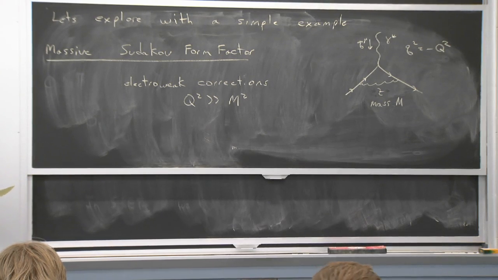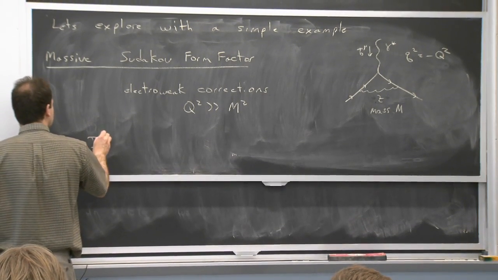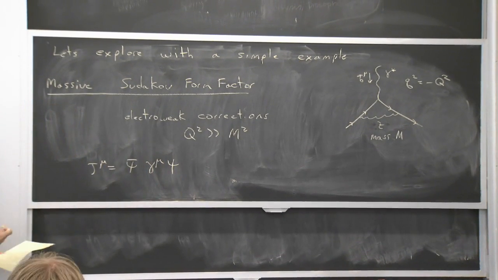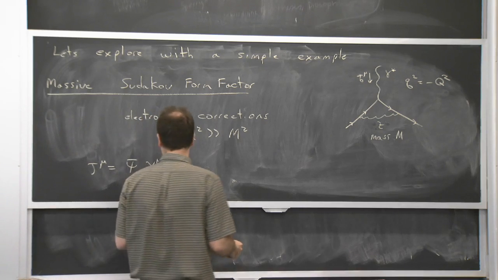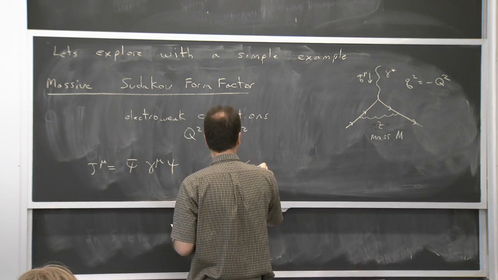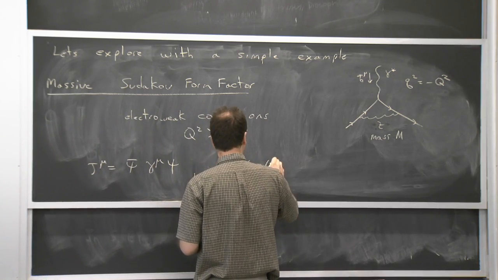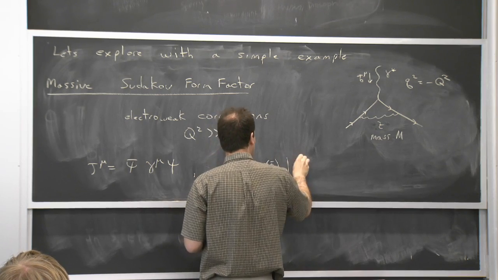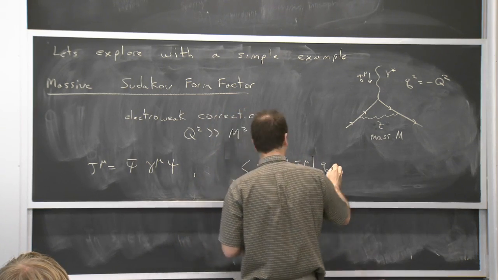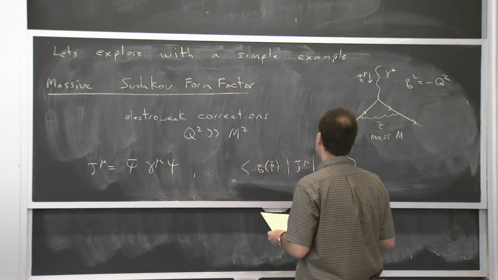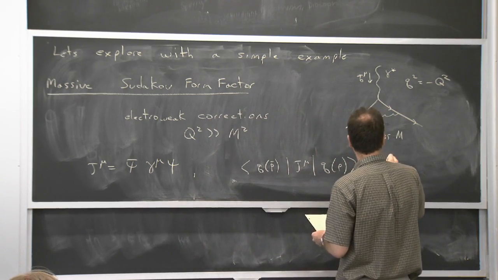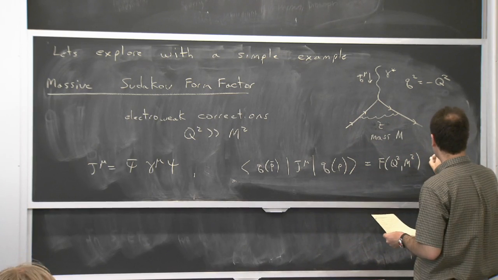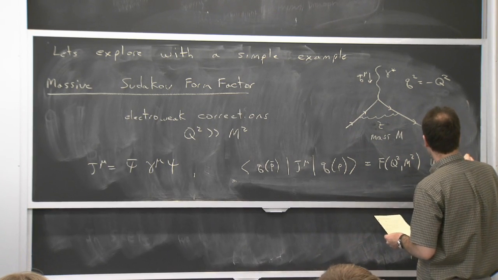Okay, so let's do this example. In the full theory, you would start with a vector current, say, and you'd want to match that onto SCET. Before we do that, let me just write down a full theory object using Lorentz invariance. You could think about the quark form factor. For massive gauge bosons, this is just some form factor that you can calculate. It's a function of q squared and m squared, and then there are some spinors.